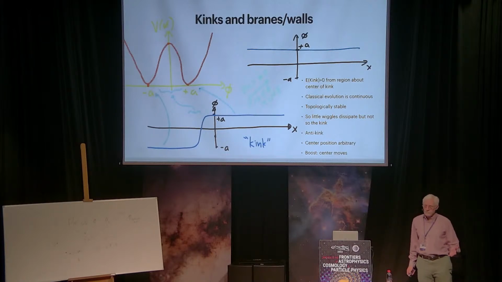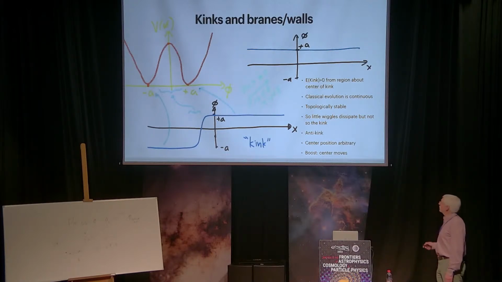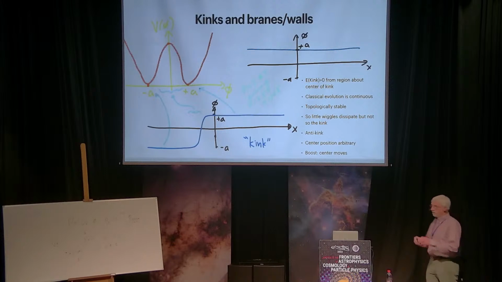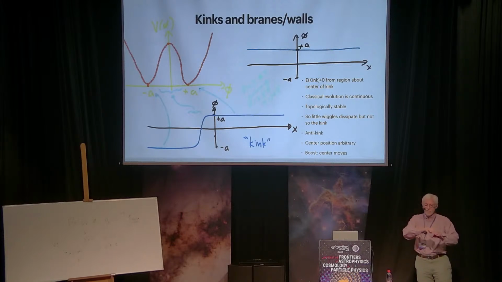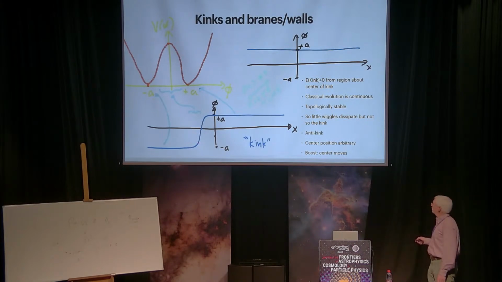This is stable. And the reason it's stable is that in order to undo it, you have to break this, but that takes infinite energy. So this thing can move, so you can boost it. The center can be, I put a center here. You can think of the energy as a lump of energy which is concentrated in this region.